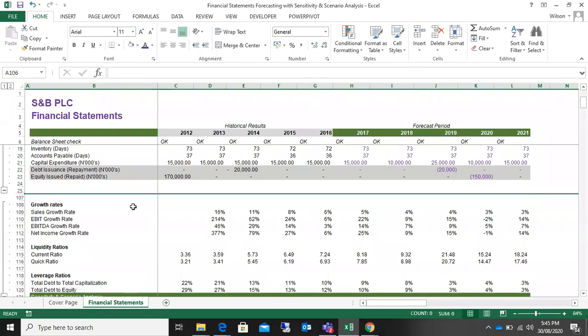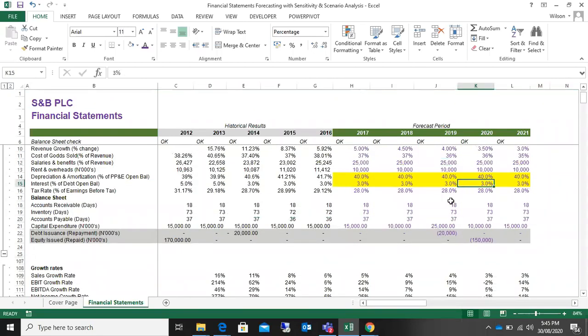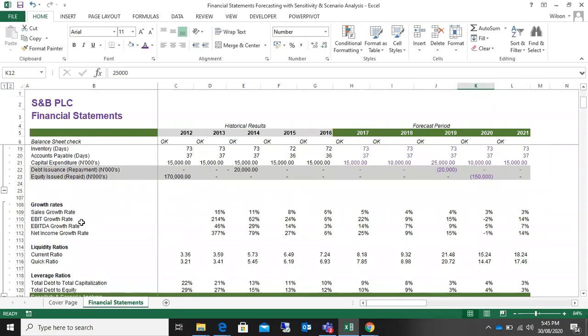So what I just want is to see the immediate impact of these assumptions in the forecast period on the financial indicators only. Because as I change all this, I immediately see whatever impact it will have on the financial indicators.